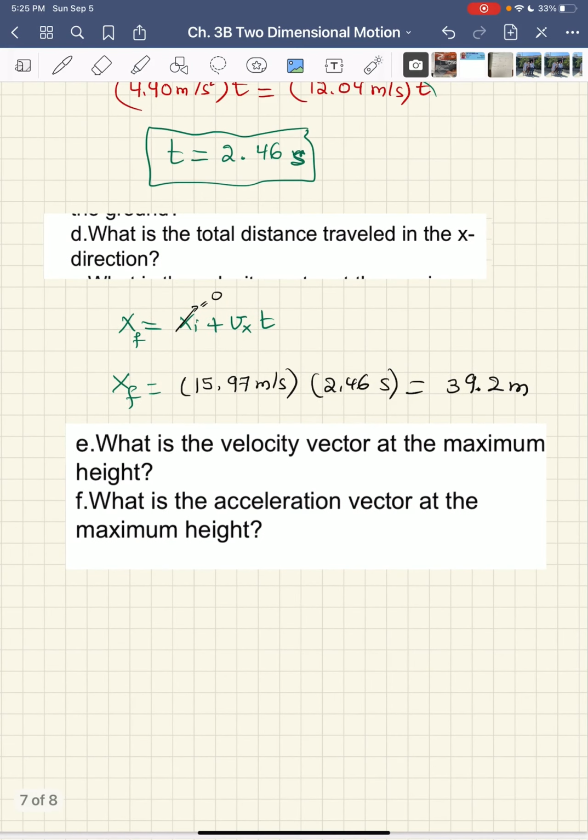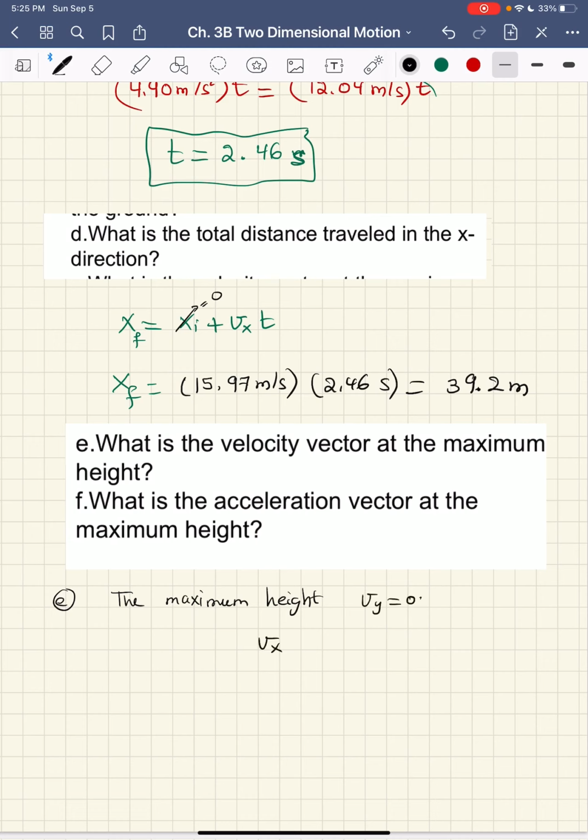But just for this one here, what is the velocity vector at the maximum height? Of course, when we are at the maximum height, the Vy is going to be 0, but the Vx is going to stay the 16 meters per second.